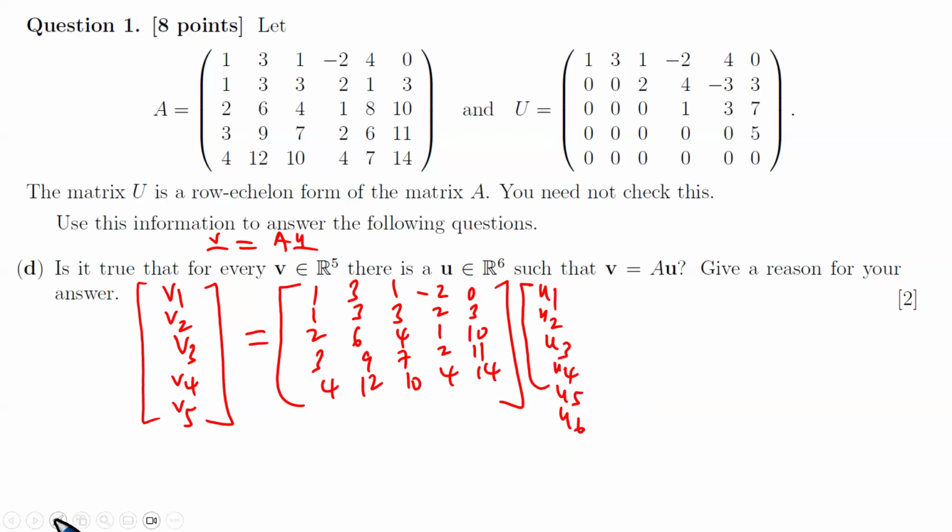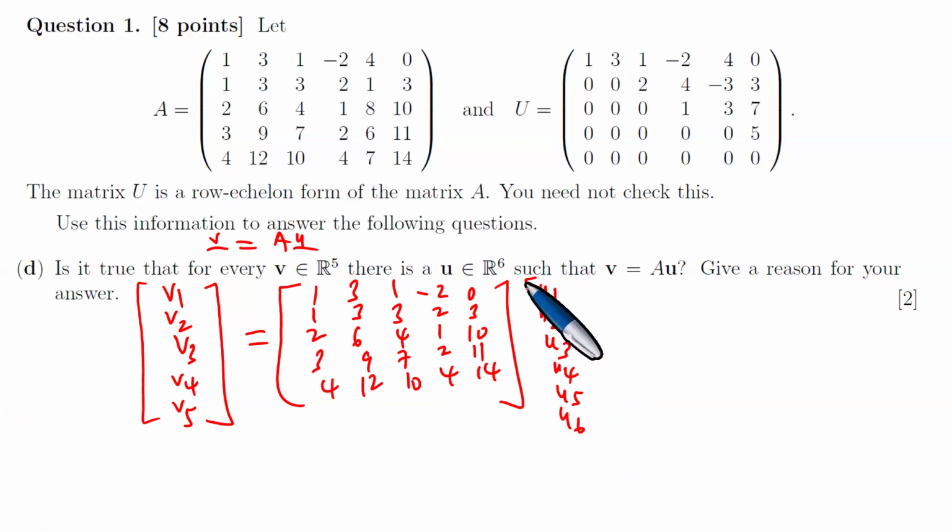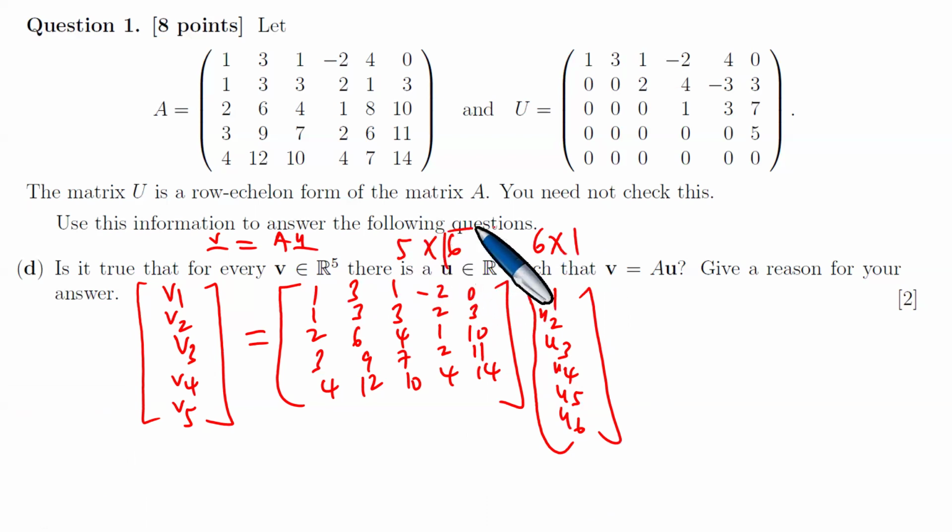Why is it up to 6? Because for the matrix product to be possible, this one needs to be 6 by 1, since A is 5 by 6, and these numbers must be the same size.